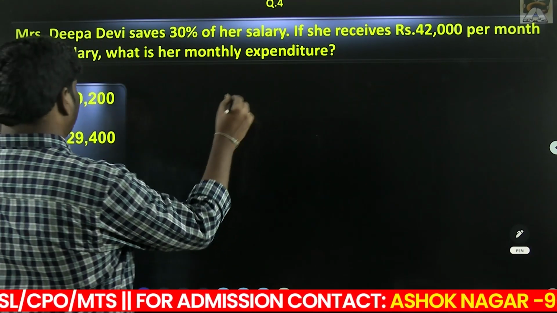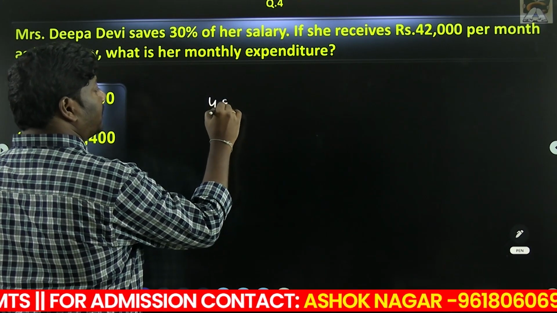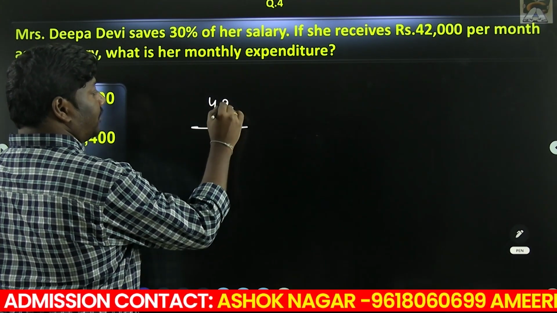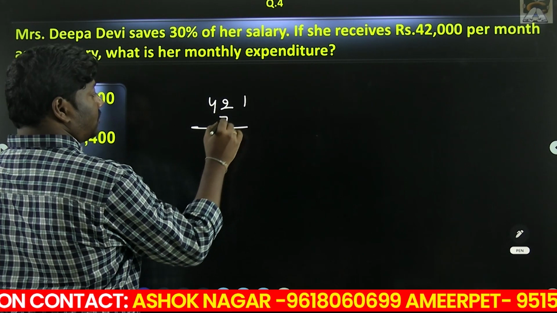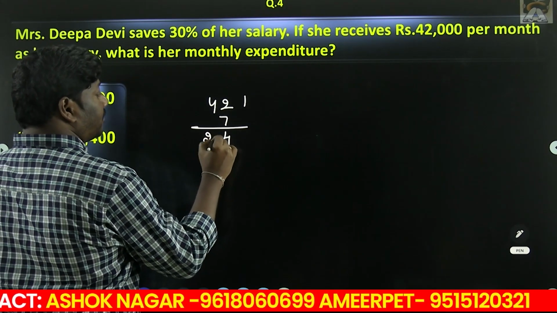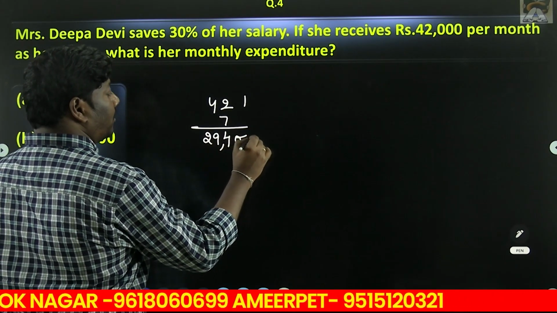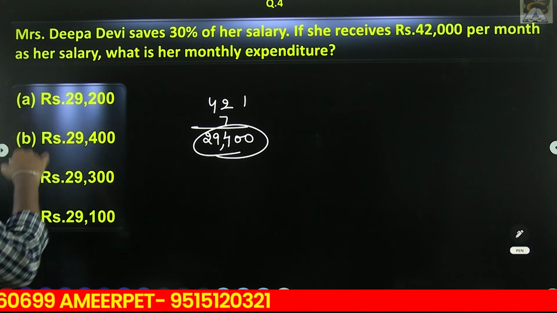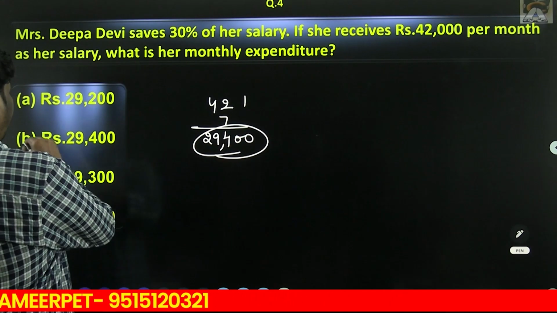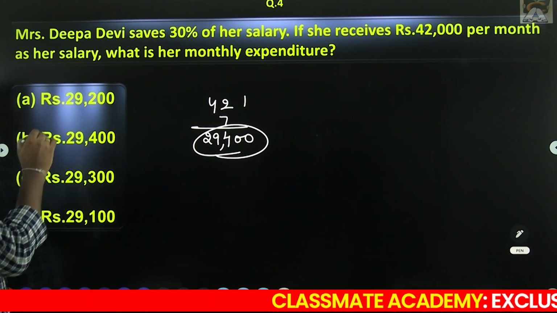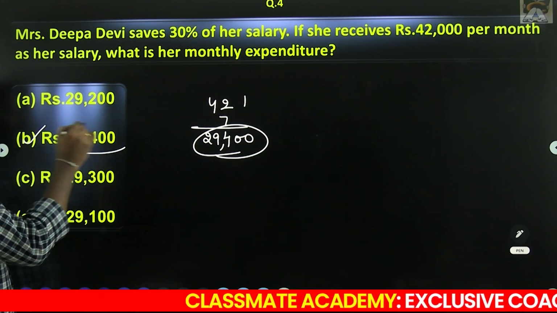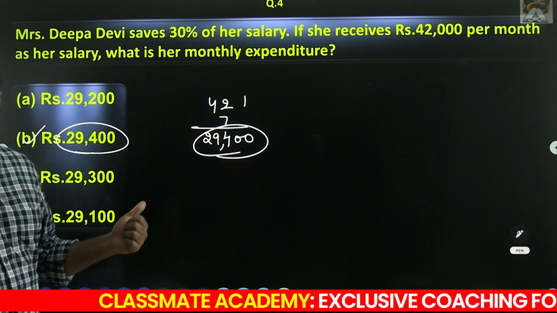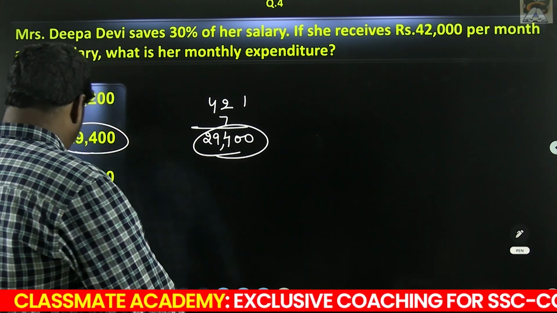Therefore, you can say 42,000, out of which you find 7%, 7 2s are 14, 28, 29,400 rupees she spends. Her monthly expenditure is 29,400 rupees.